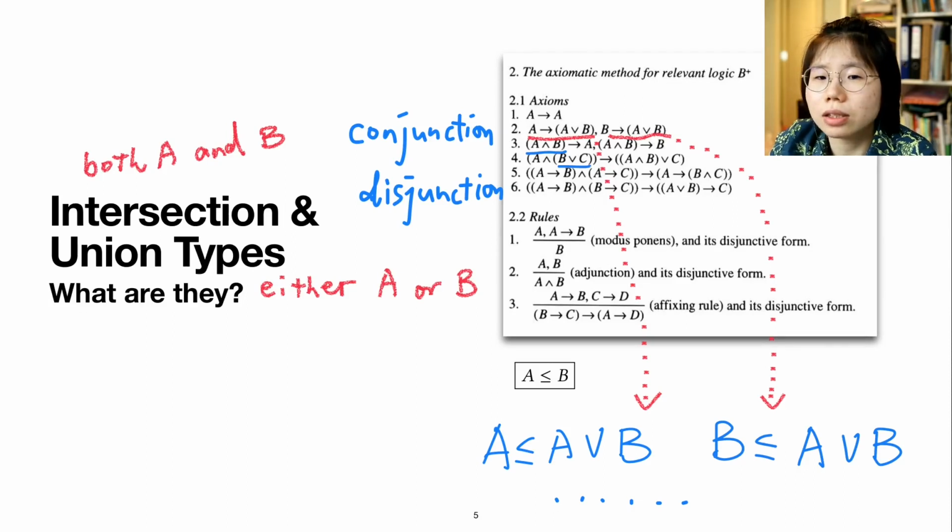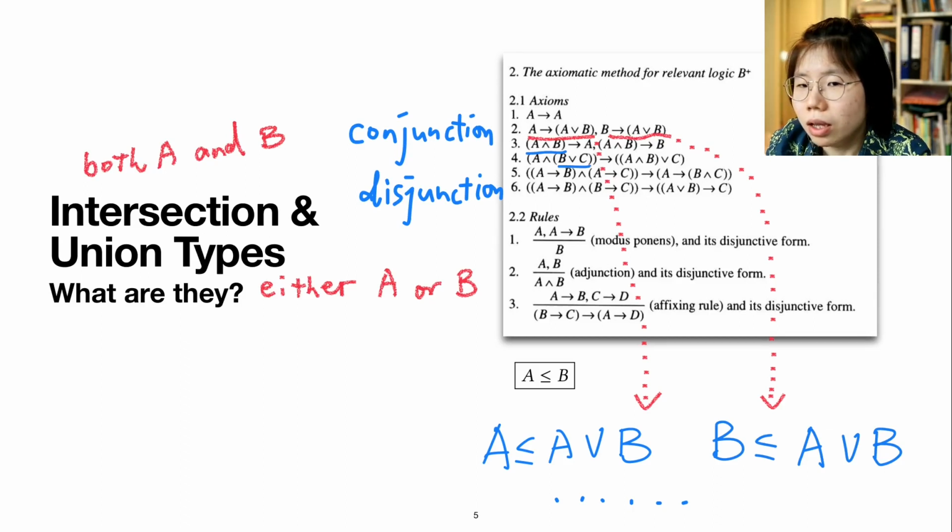And we know that logic reasons on propositions. Following the Curry-Howard isomorphism, propositions correspond to types, implications correspond to function types. Conjunction and disjunction then correspond to intersection and union types.